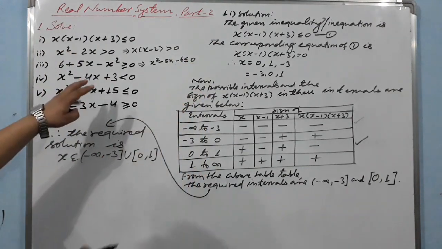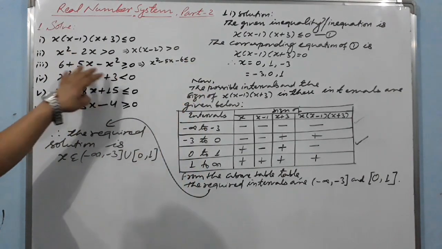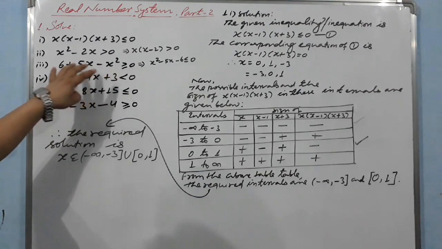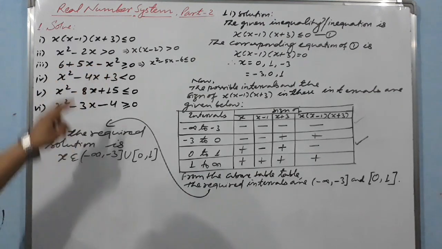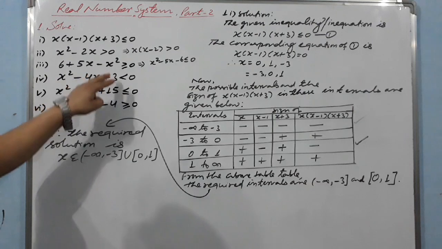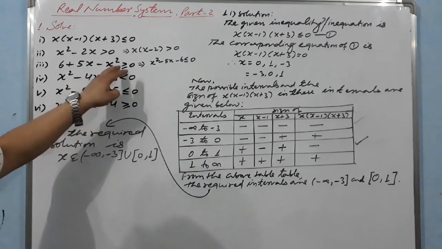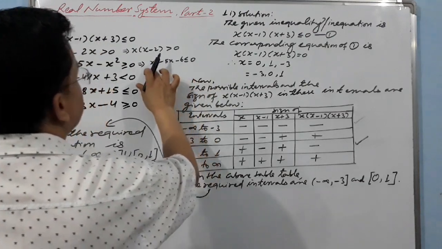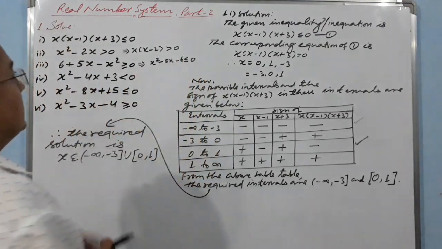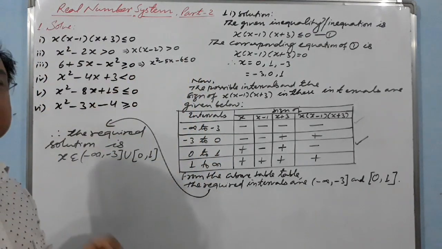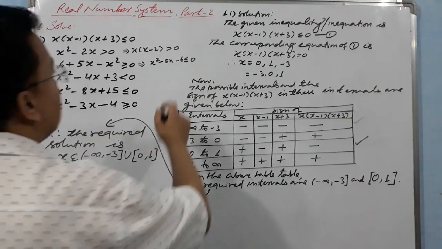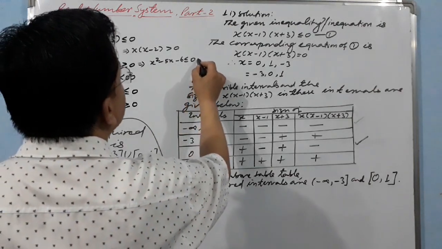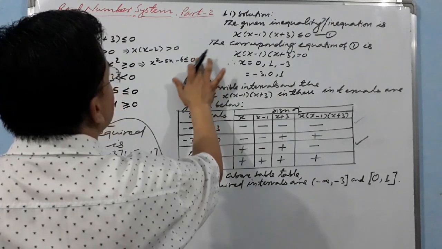If you multiply both sides by negative 1, then the sign of inequality will be reversed. After changing it into this form it will be easy for you to factorize, right? And now you will have this one as the main inequality, right?